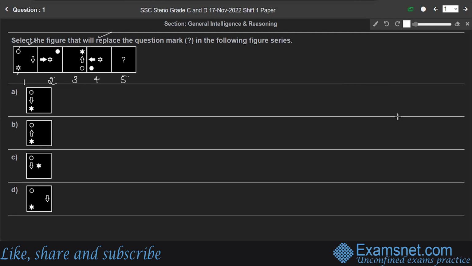So the circular part is in the top left corner. When it comes to the circular figure, it changes its position in clockwise direction in the second figure; the position of the circle is in the top right corner. So this circle changed its position in clockwise manner. In the second figure, the circular figure is shaded.